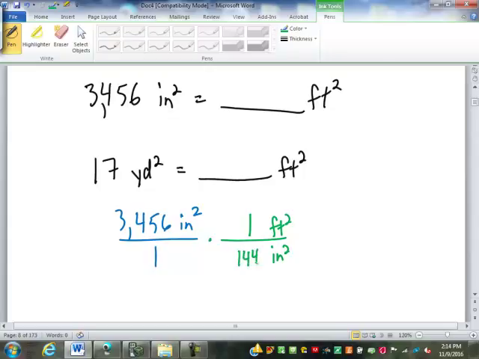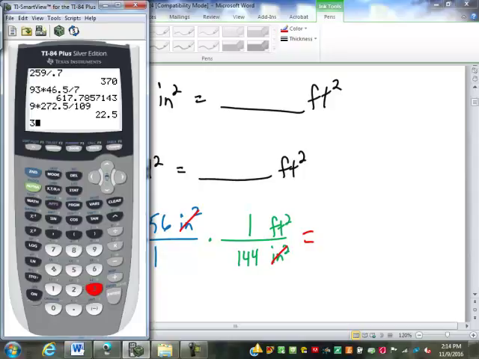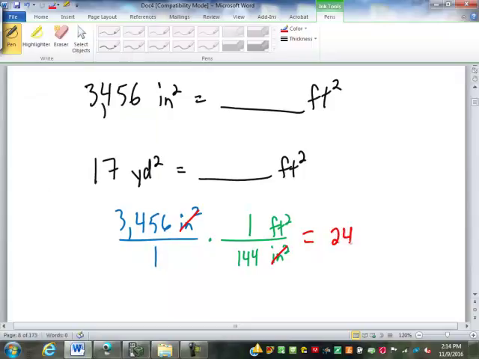I heard somebody mumble it there, 144. So the square inches cancel out. And since the 144 is on the bottom, we're going to divide by that. That should give us 24. There it is, 24 square feet. How many of you had 24 square feet? Oh, good share of you.